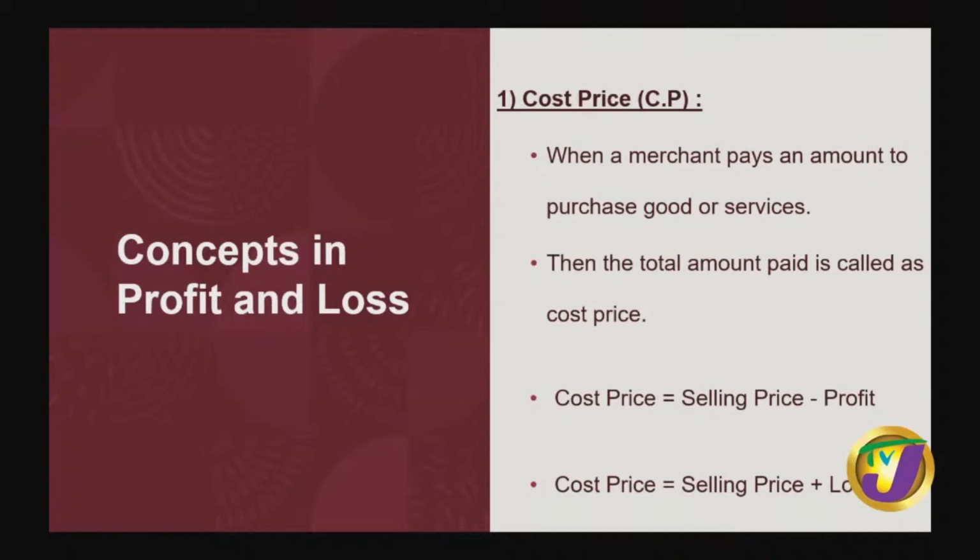So that price that I paid at my factory is my cost price. Definitely. We have a little equation down here. Sometimes your cost price is your selling price subtract your profit or your loss. We would have seen that coming out in the questions that we worked today.